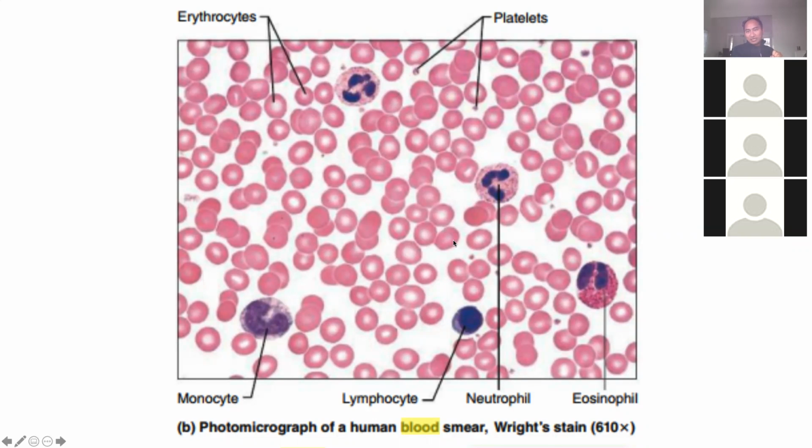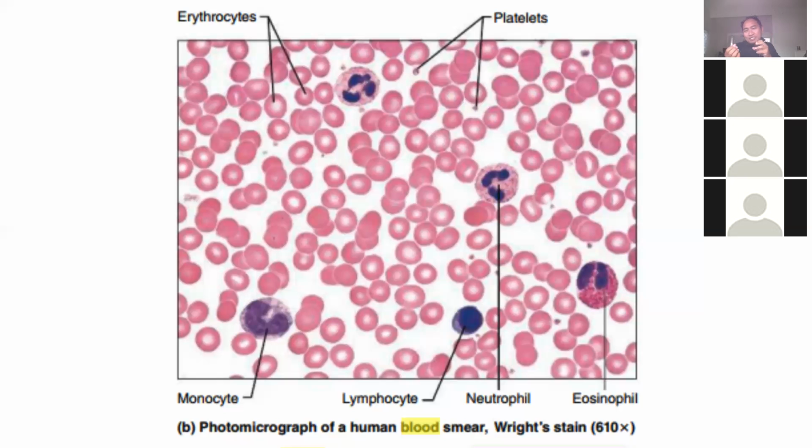Although we name them as a cell, they are not really a cell because they do not have organelles. We have to be careful when we say RBC, red blood cell, but actually it is not a cell because there is no organelles inside RBC. That's why you cannot see nucleus in the RBC.